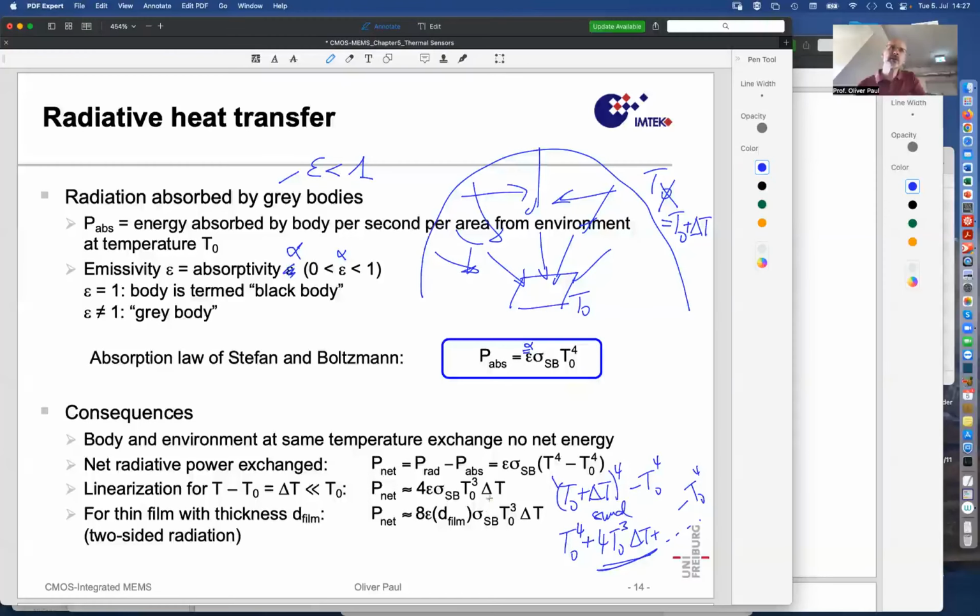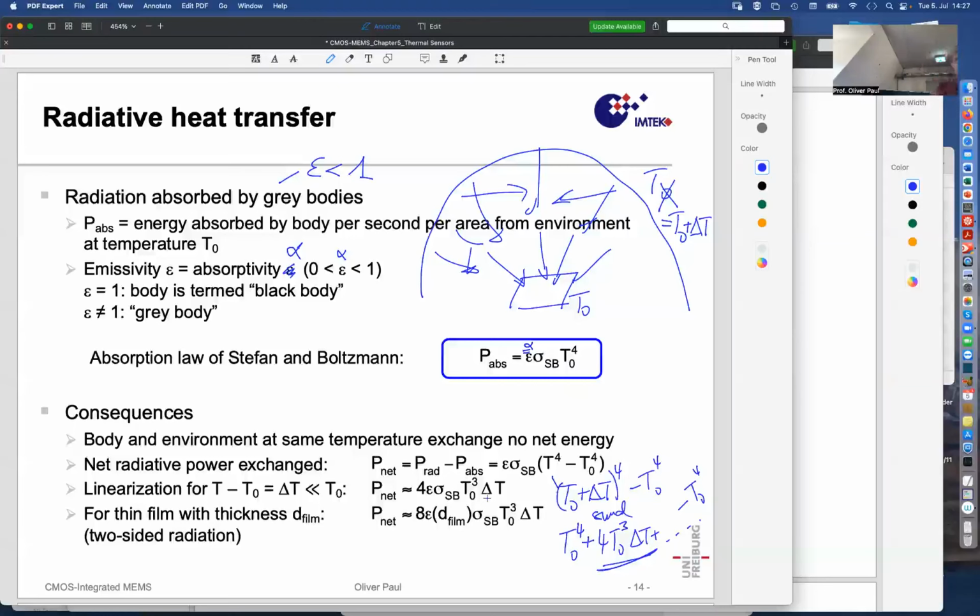That's very handy because very often we have differential equations that involve some unknown heat change, temperature change. And if all those effects are linear, then possibly the differential equation is linear, and then we can get a solution. For instance, how fast does a thermal sensor react to a change of the input radiation?